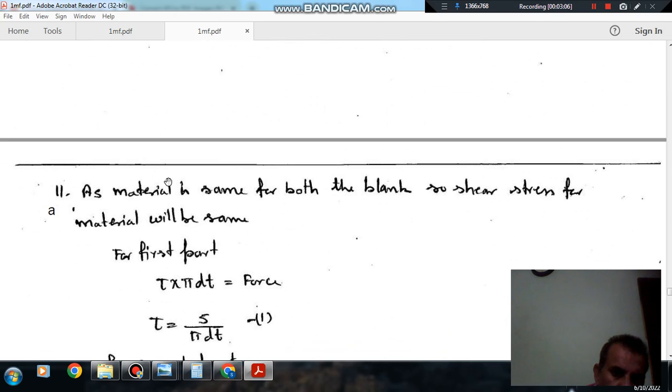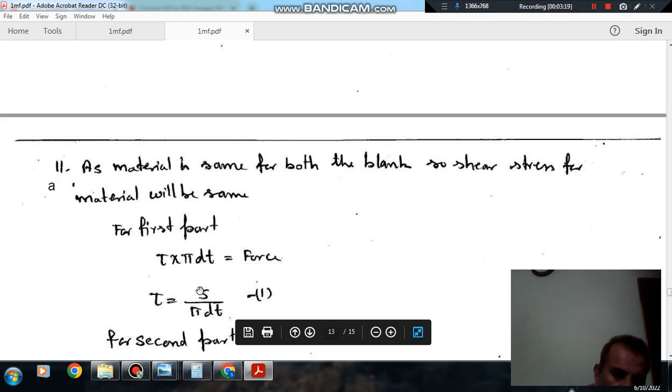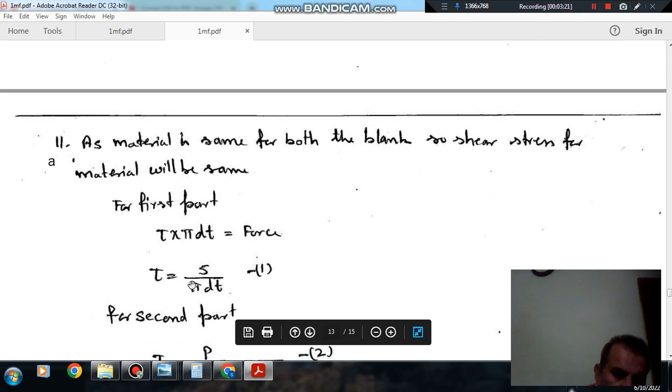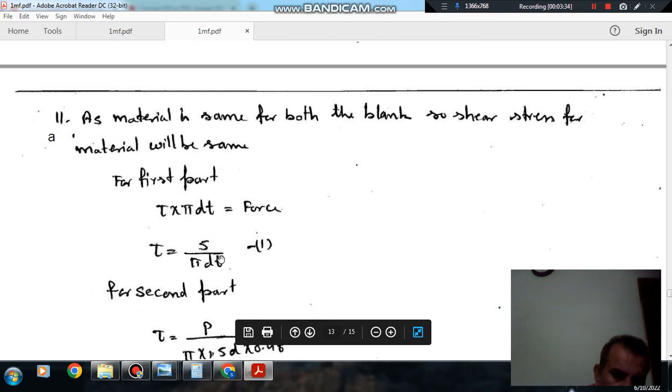Here, as the material is same for both the blanks, shear strength will be same. Let tau be the shear strength, then the force required is tau into pi d t. In the first case the force is 5 kilonewton, and if you divide by pi d t, that gives the shear stress.